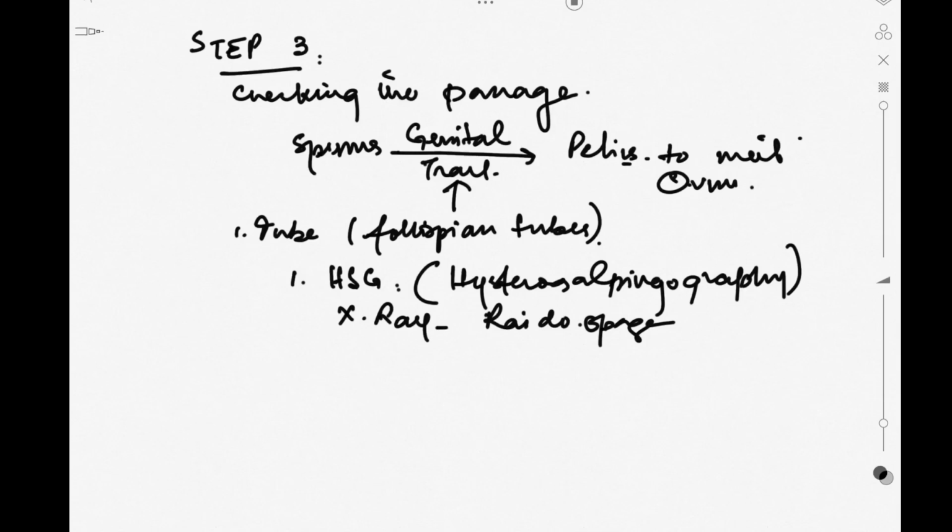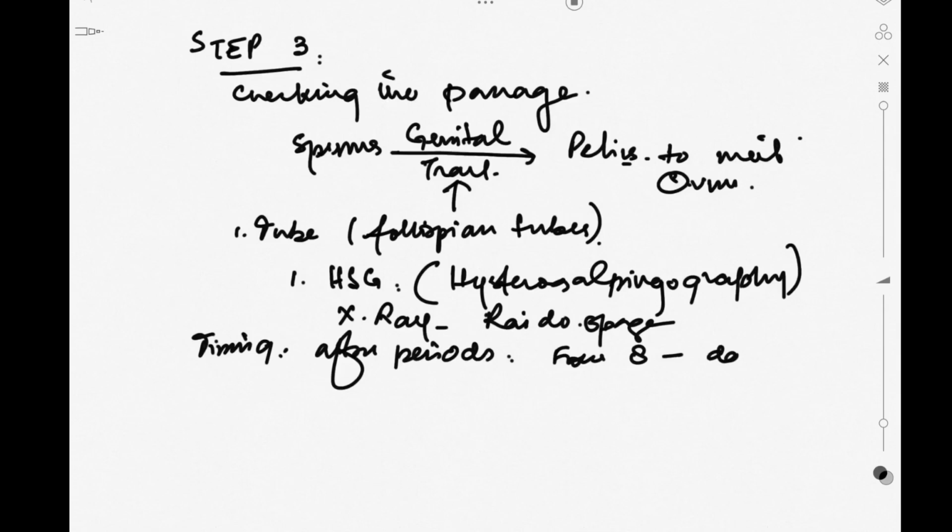So the best timing of hysterosalpingography is immediately after periods. That is, on average from day 8 to day 10, depending on the cycle of the lady. And the purpose of doing HSG at this period of the menstrual cycle is to avoid any impending pregnancy.